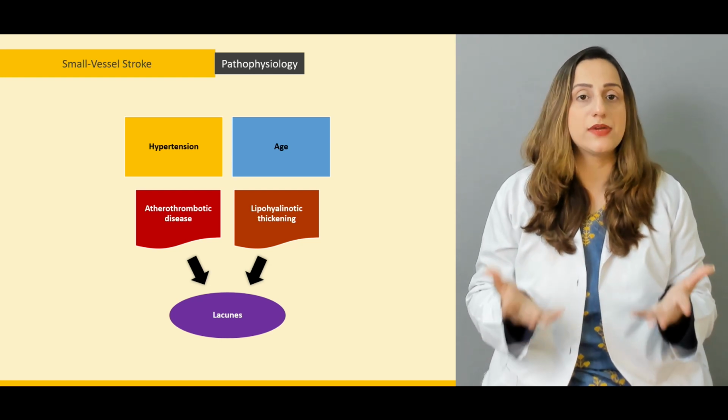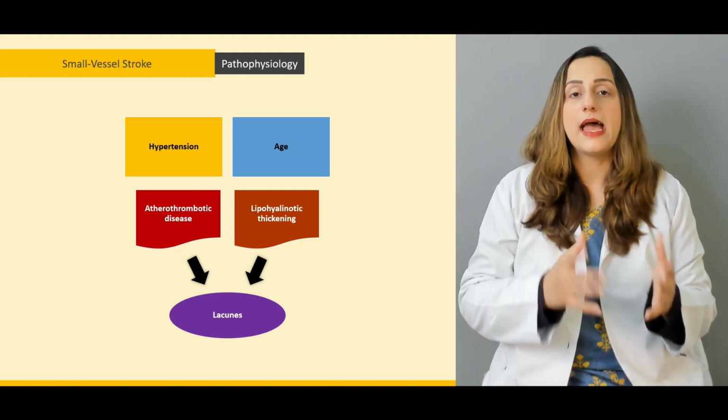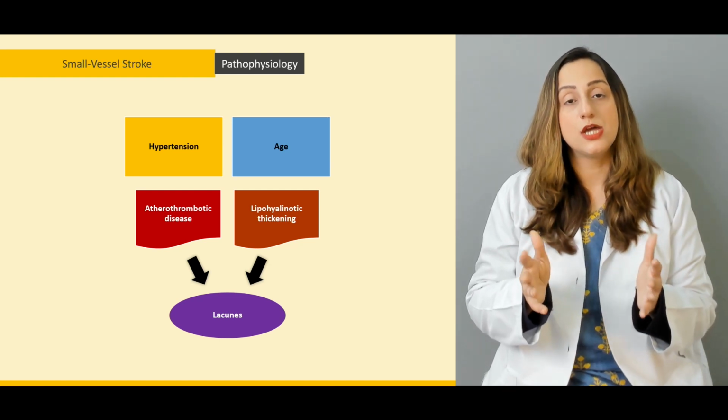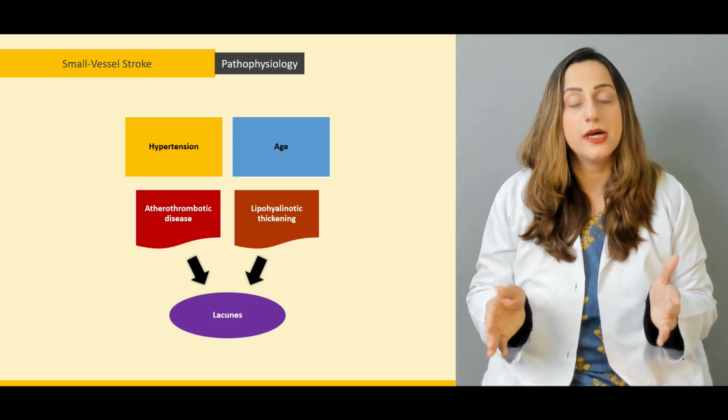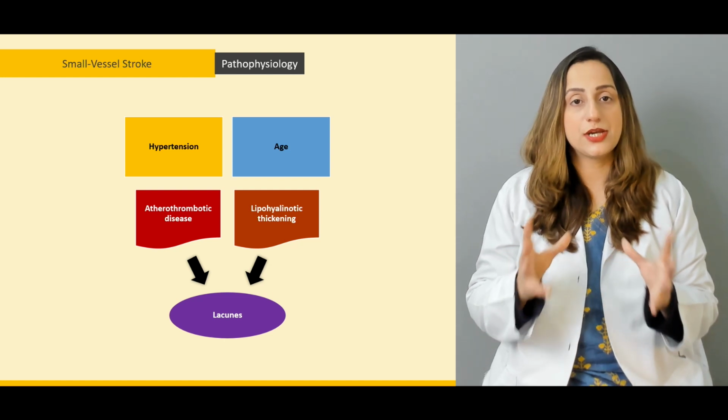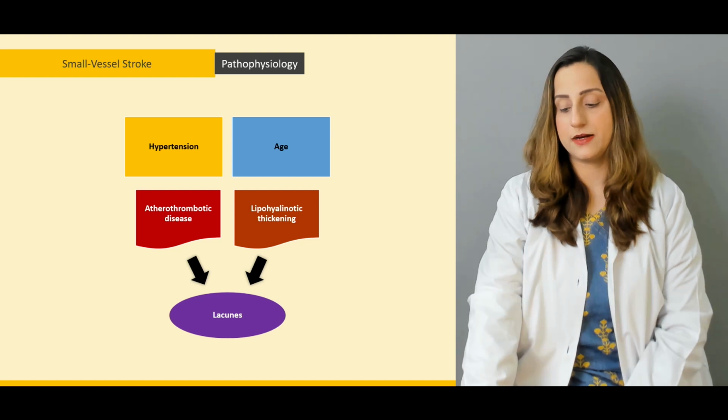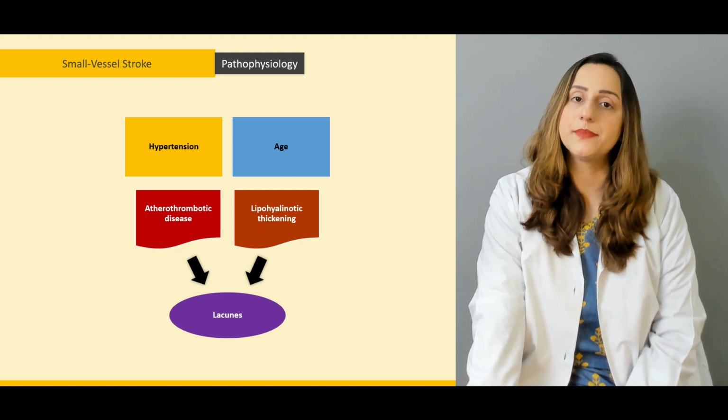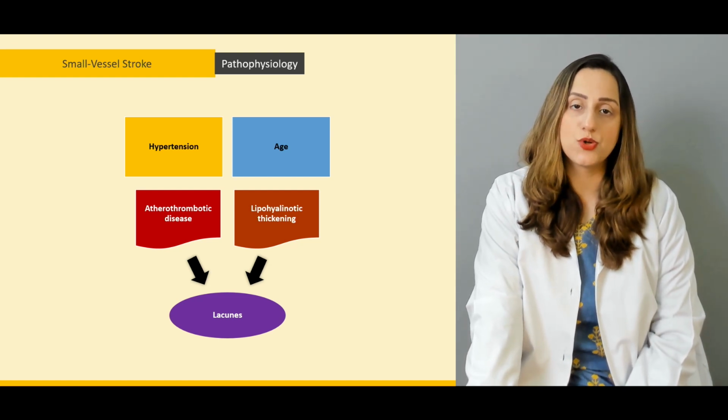If you have carried out the imaging techniques and diagnosed this patient with this lacunar disorder, then you're going to make a management plan for these patients who are at risk of developing a small vessel stroke in the near future.